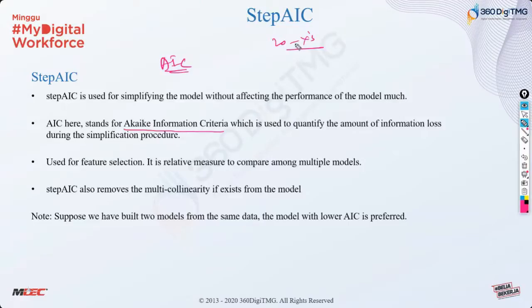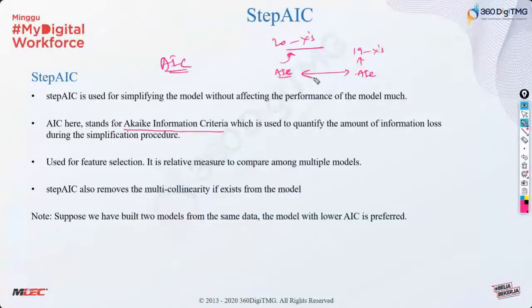So what we try to do here is, every time you're generating a linear regression, it captures this AIC value. You probably try one model with 20 variables, and then if you identify that one of the variables is not relevant, you remove it. So you might have 19 variables, and then again you develop a model and get the AIC. These AIC values are compared.